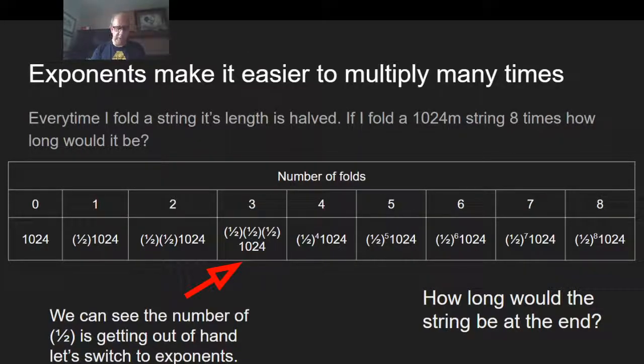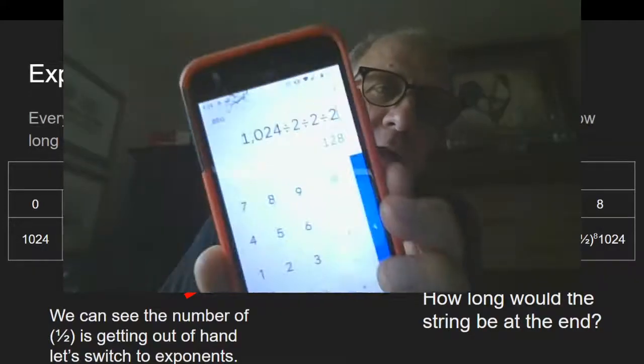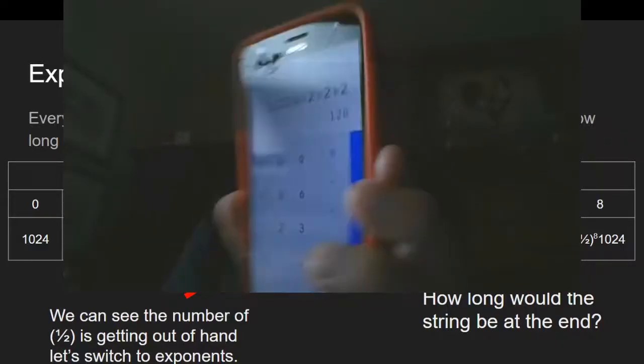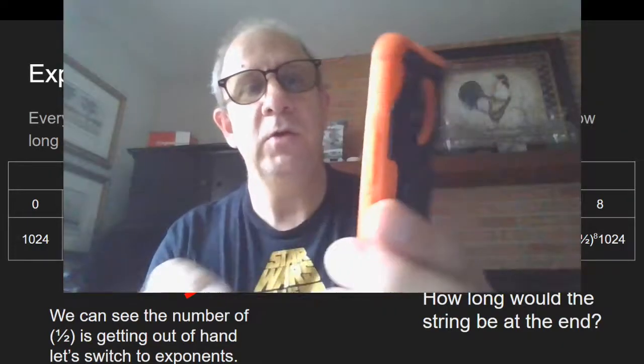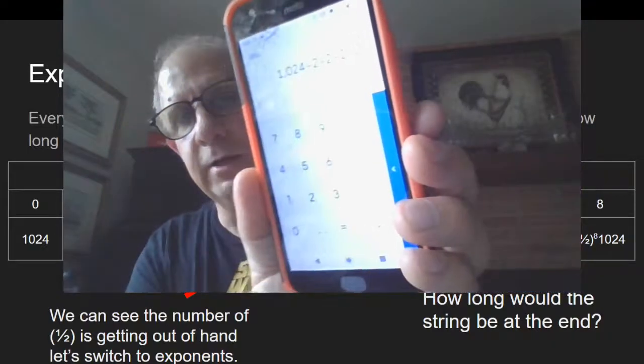You're just doing 1,024 times 1/2 times, right? And if we do, you can see, let me make this a little bigger for you, right? Phones are nice because 1,024 divided by 2 divided by 2 divided by 2, and then I can divide by 2, and I can keep going, and it keeps showing up like that.